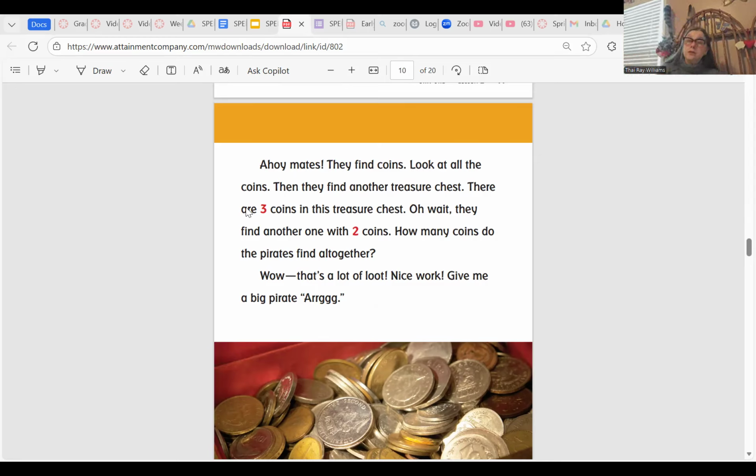But what you could do is set up a template that you repeat in your story-based lesson. So it could be Captain Hook and his pirates are out looking for sunken treasure chests. They're looking for loot. Define what that is. And then you could say, ahoy, mates. All of a sudden, Pirate John sees a sunken treasure.